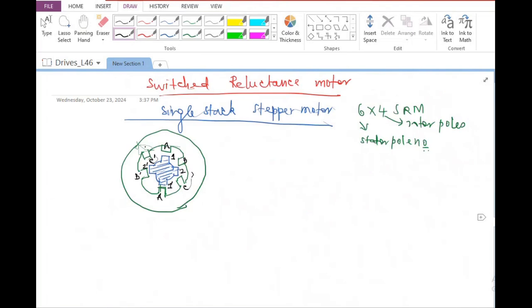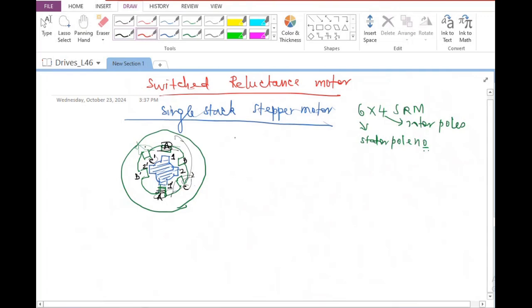So when we look at the inductance profile, how the A-phase inductance is looking, whenever either 1 comes closer, the inductance will be very, very high, or 2 coming closer, the inductance of the winding that is wound around the A-phase will be high. Or when 1 dash comes or 2 dash comes, it will be very high.